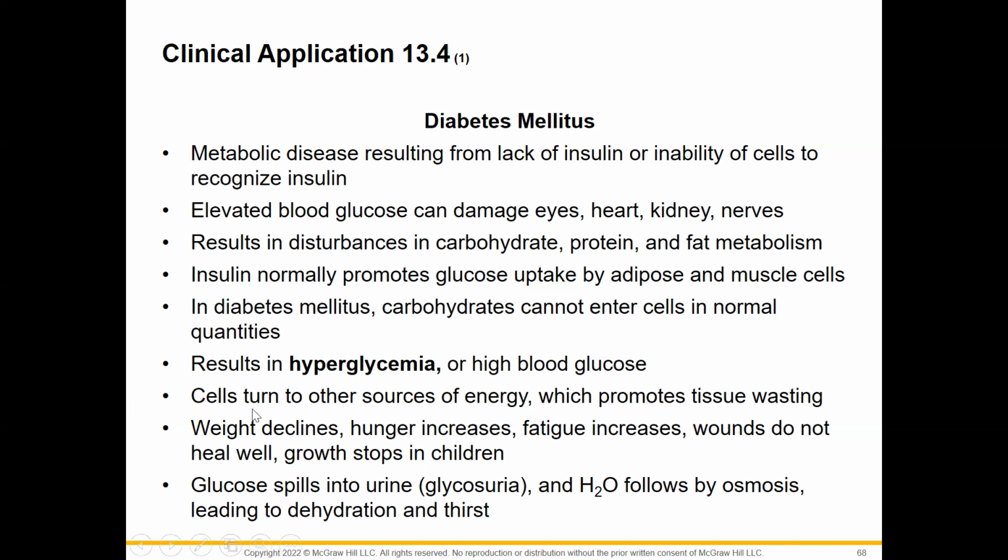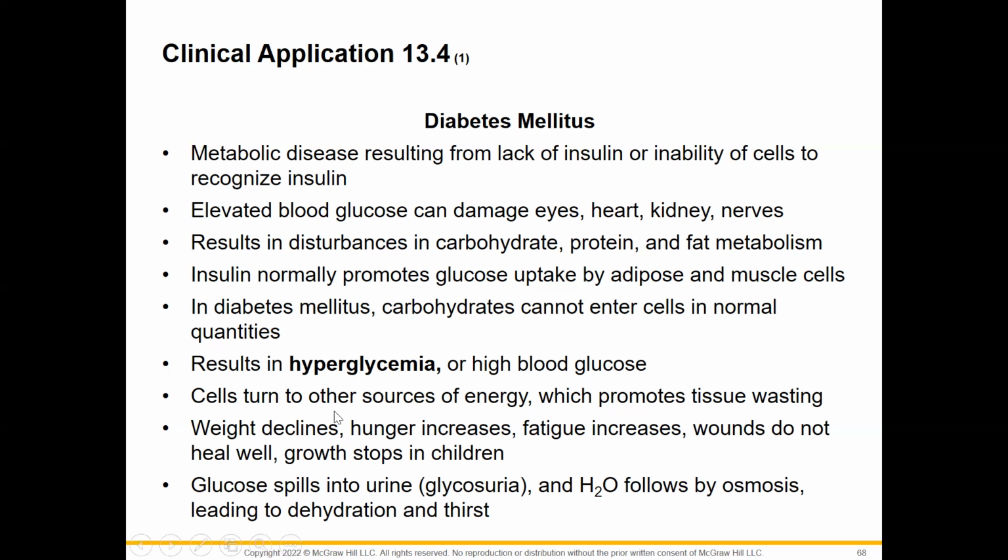So because these cells don't have glucose as an energy source, they have to create energy from non-carbohydrate sources. Remember, I said you can create glucose from amino acids. Amino acids are the building blocks of proteins. You can also produce glucose from lipids.